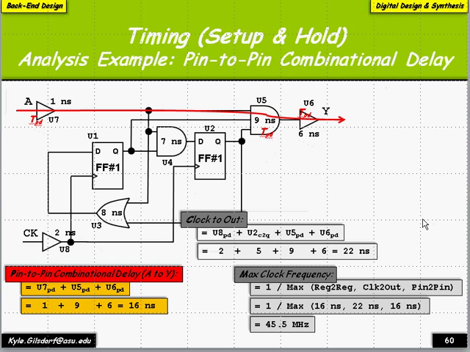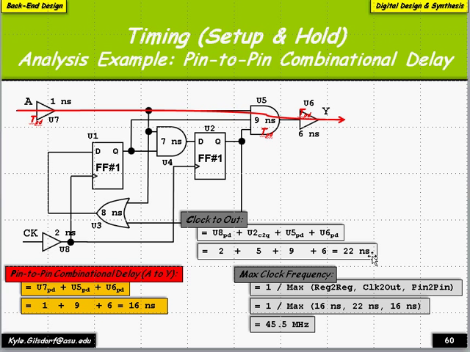Now what we need to figure out is, what is the maximum clock frequency we can support with this design? Well, the maximum clock frequency is actually going to look at the longest path in our design. And remember, there's 3 possible paths.